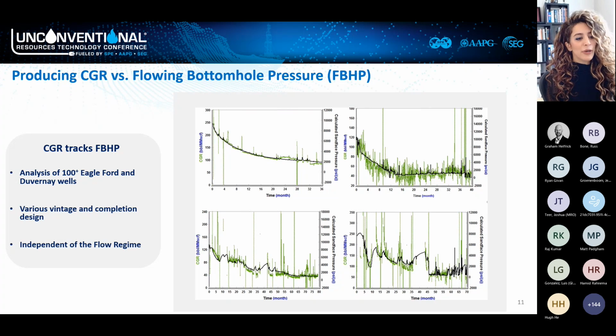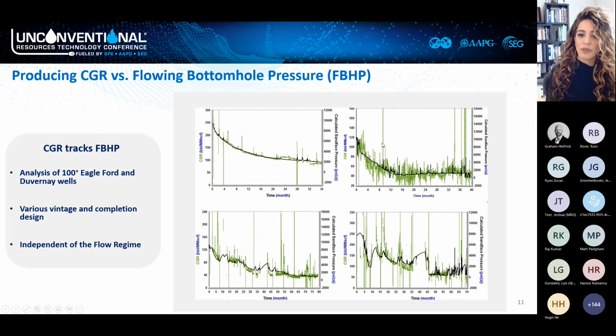However, what we noticed was that independent of the flow regime, which by the way we identified through RTA and numerical modeling for every single well that we analyzed, flowing bottom hole pressure and CGR will always track each other.